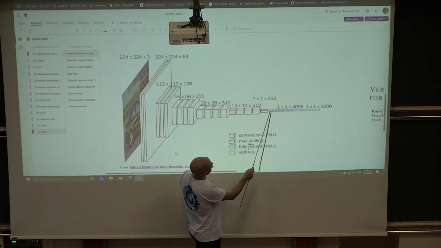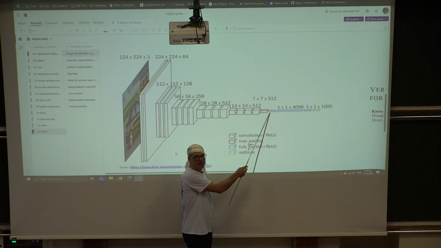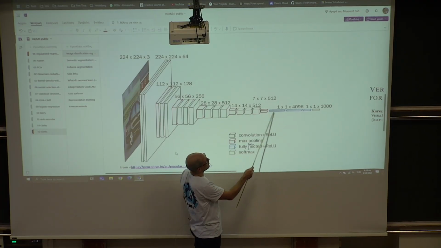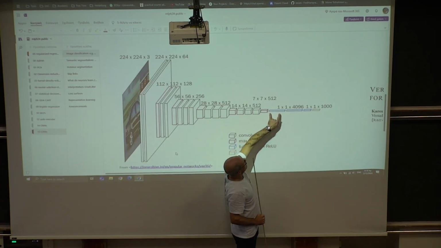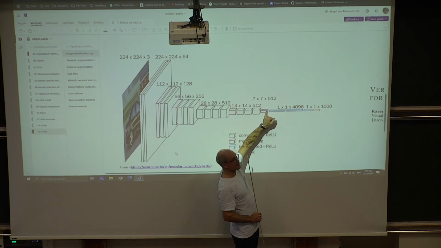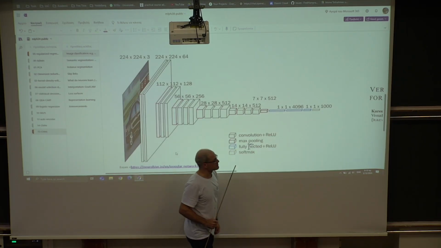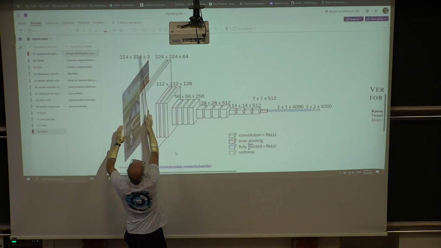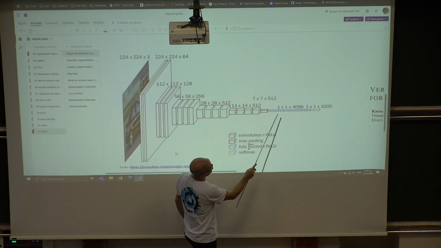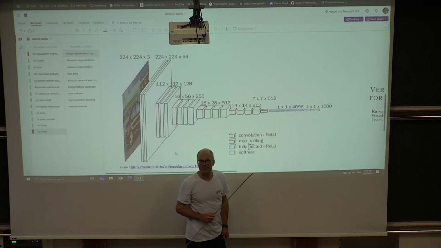And at this stage, all spatial information has been lost, or it's somehow encoded in this vector. So here we have something which is an image, if you wish, which has a single pixel, but it has 4,096 channels. So we have mapped any input image of this size to a vector with 4,096 entries.